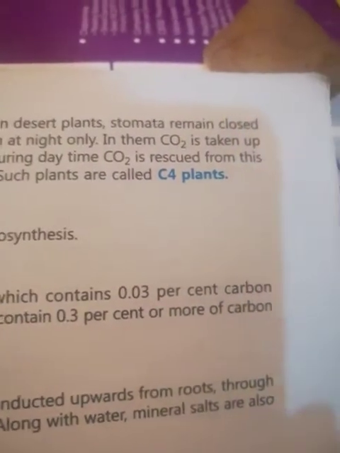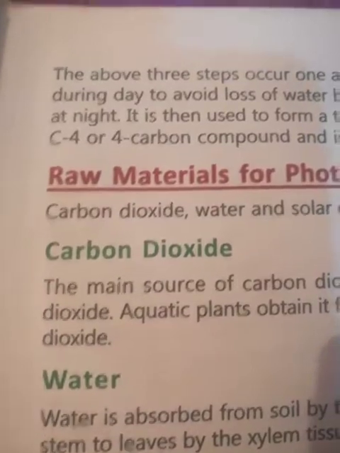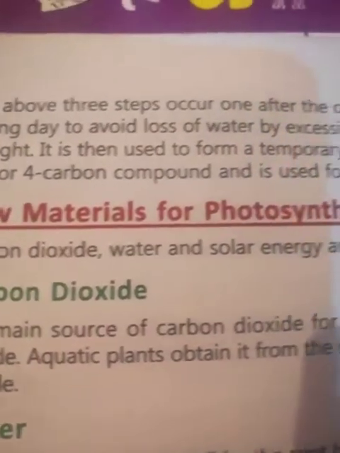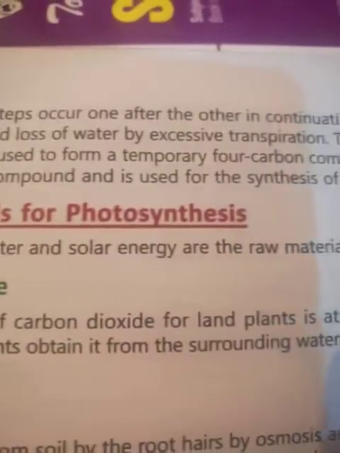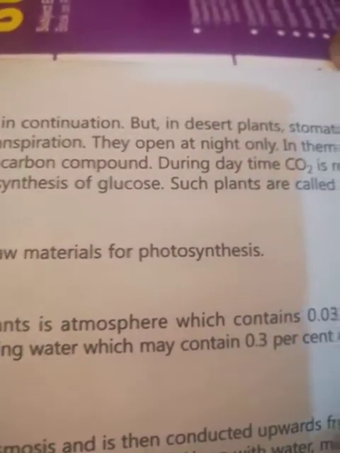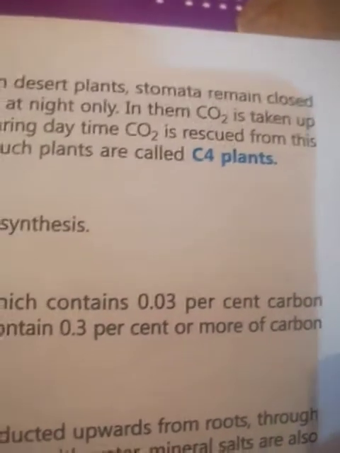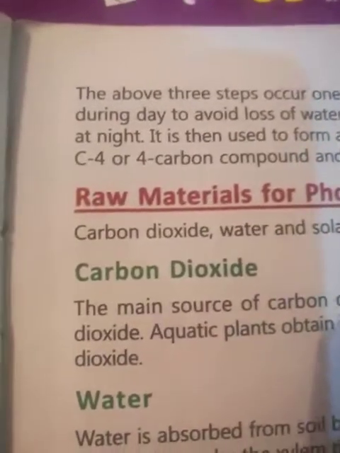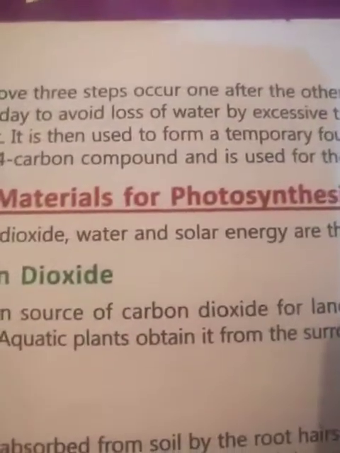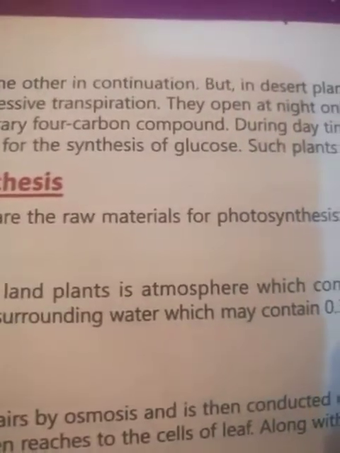In them CO2 is taken up at night. It is then used to form a temporary 4-carbon compound. During the daytime, CO2 is reduced from this C4 or 4-carbon compound and is used for synthesis of glucose.